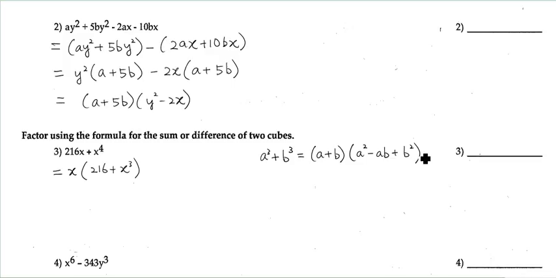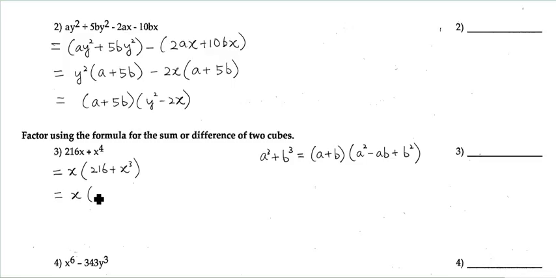Would I be able to make the 216 plus x cubed become the sum of two perfect cubes? X cubed is already a perfect cube. How about the 216? Would that be something cubed?